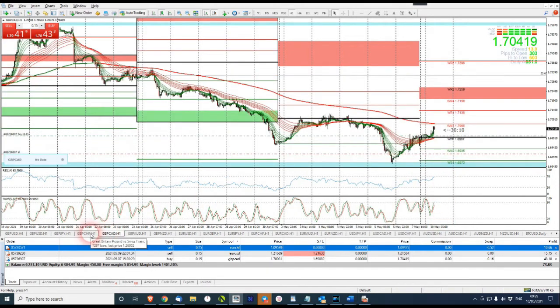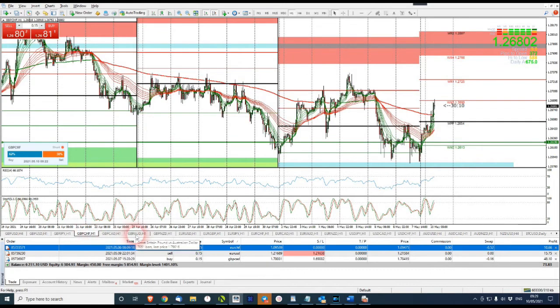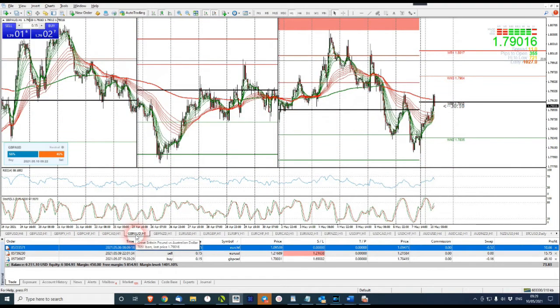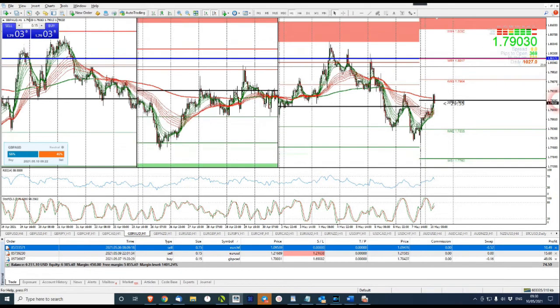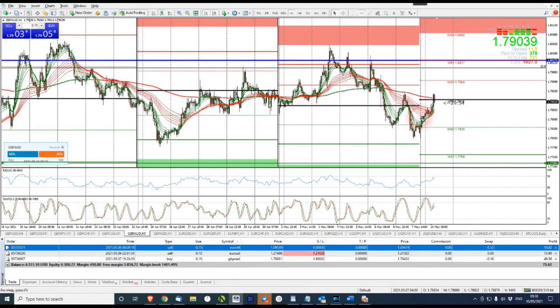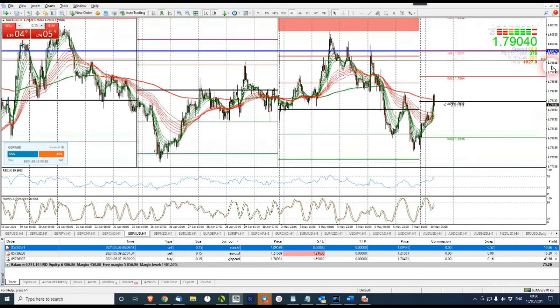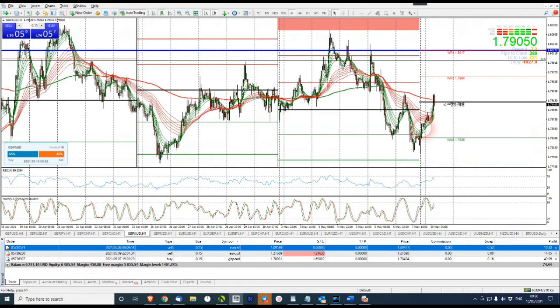But the trade I'm looking at for this week is GBP AUD. So what we need to do is put a line across WR1 and WS1, although I don't think price is going to be heading down this way. I think we're going to be heading north.